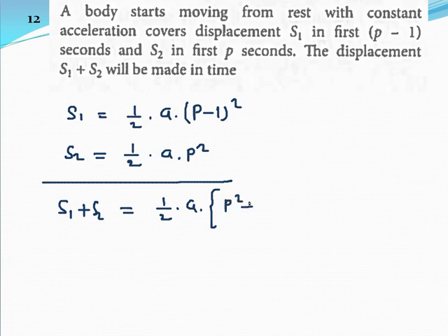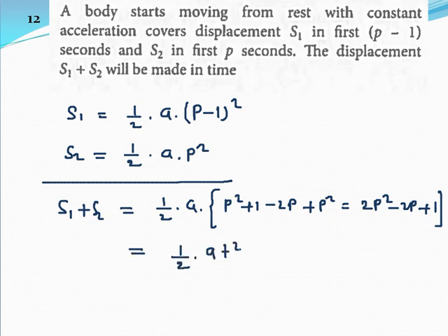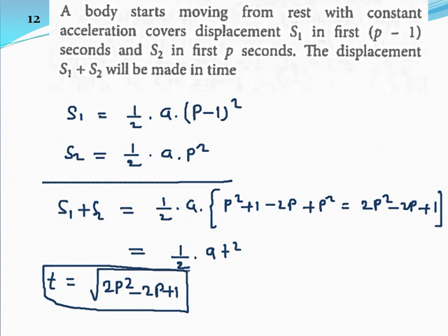Just breaking this, p square plus 1 minus 2p plus p square, and it is like 2p square minus 2p plus 1. We have to calculate the time instant, so simply I'll write half a t square equating, and the t we get here is 2p square minus 2p plus 1, and this was given in the option. This is the answer.